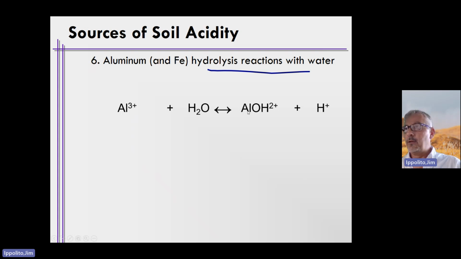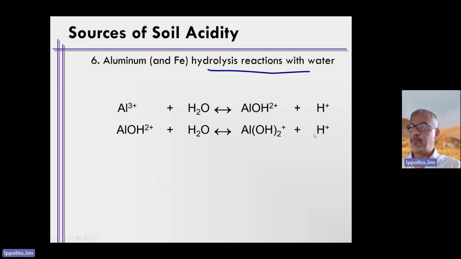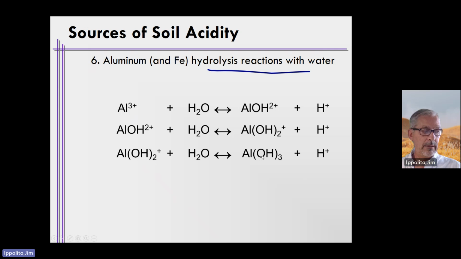And that aluminum hydroxide can react with water to form another aluminum hydroxide plus another free hydrogen. And that aluminum hydroxide can react with water to form this, which is a mineral called gibbsite, which is a mineral precipitate. These other two forms are just simply in the soil solution.